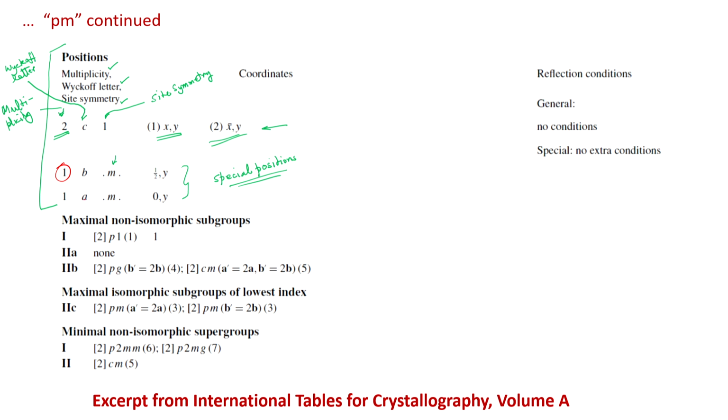Now, these Wyckoff letters run up like this. The bottom one in the table is assigned the letter A, the next row from the bottom is assigned the letter B, and the third row, there are only 3 rows here, is assigned the letter C. So, these are just a sequence of letters A, B and C. We can refer to them as Wyckoff positions A, B, C, and we need not specify a lot.